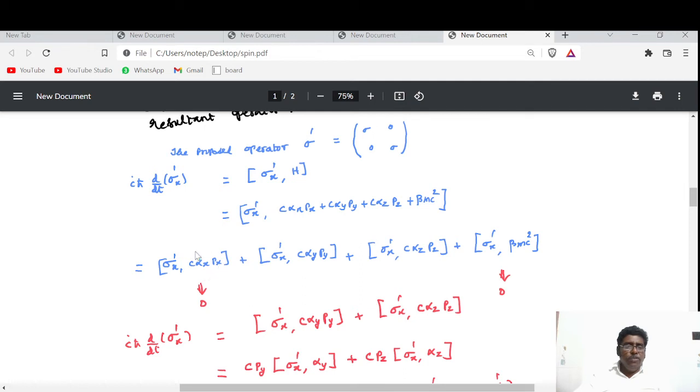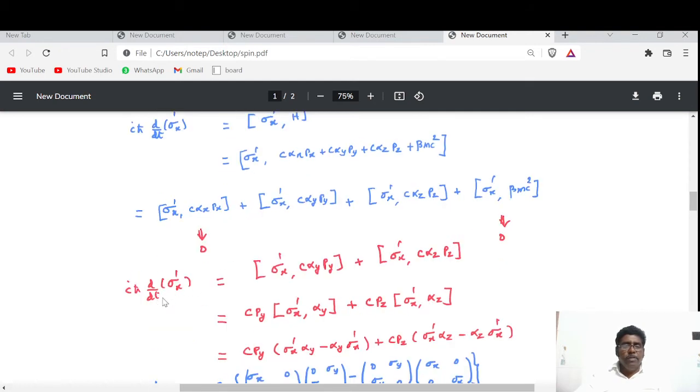If you think about the first square bracket, all the terms are expressed in terms of x, so this value equal to 0. Then sigma x dash β mc² equal to β mc² sigma x dash, so this term is also 0. The value of iħ d/dt of sigma x dash equal to sigma x dash Cαy py plus sigma x dash Cαz pz.